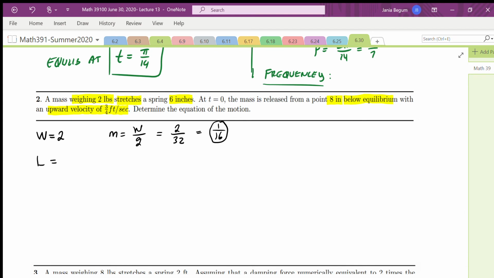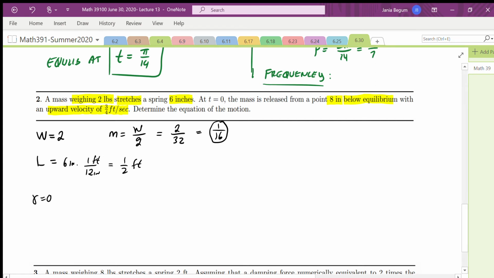Okay, so 6 inches, if you convert that to feet, 1 foot is 12 inches, right? Yep. So that would be 1/2 of a foot. And then the question doesn't mention anything about damping, so we're going to assume there is no damping force.